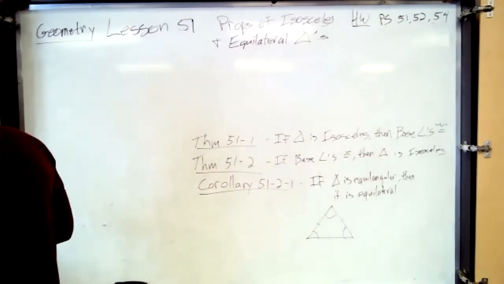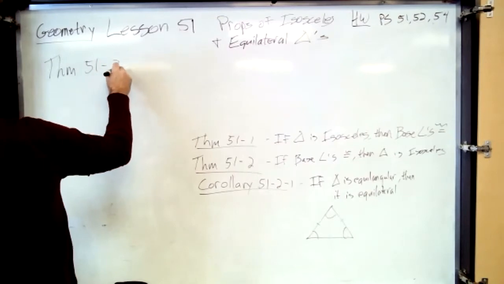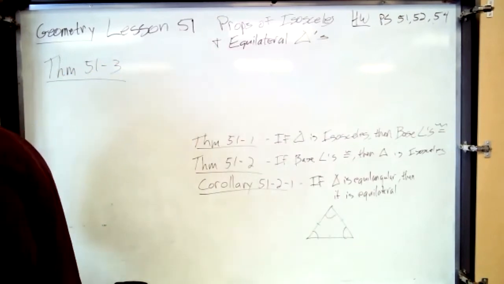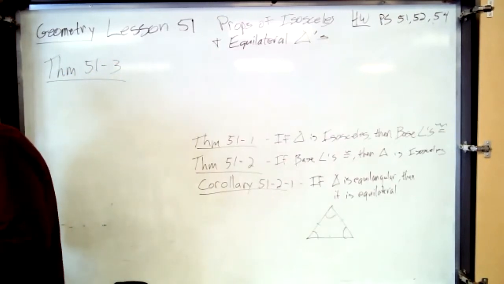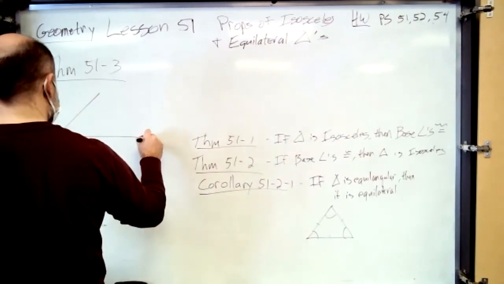So here's Theorem 51.3. It says if a line bisects the vertex angle of an isosceles triangle. So let's get an isosceles triangle up here again.